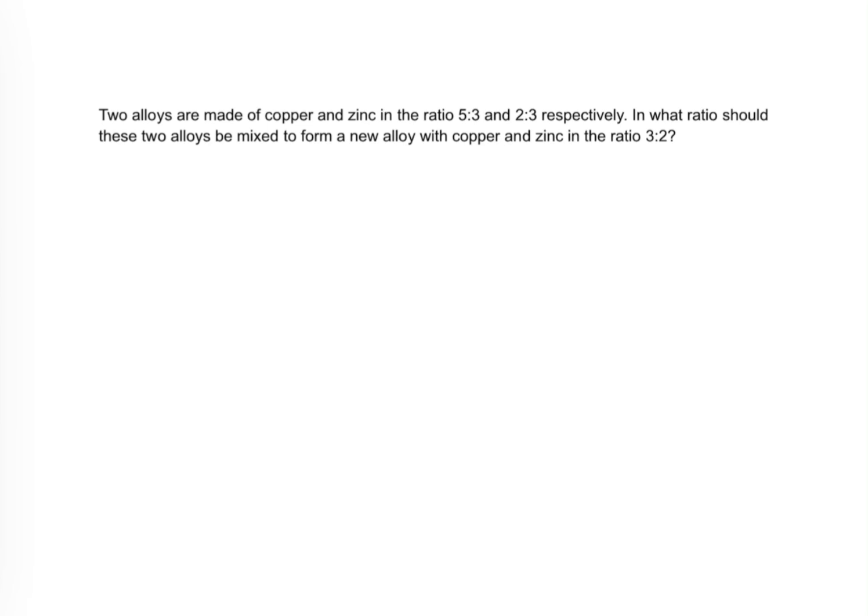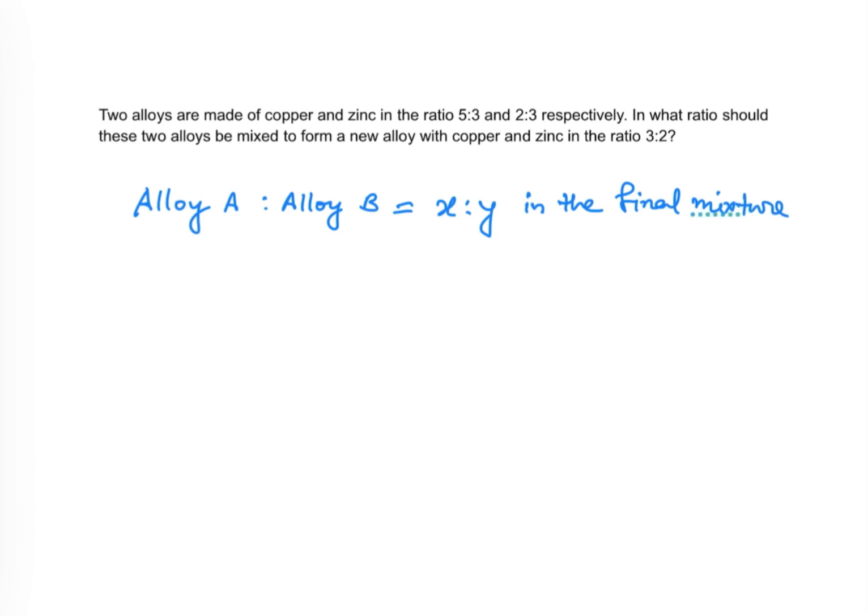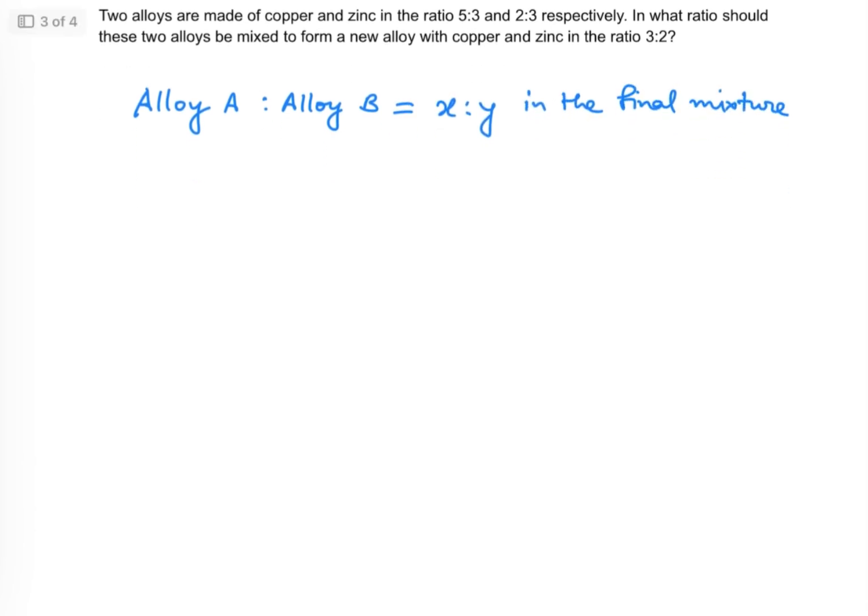Now let's say alloy A is to alloy B in the ratio x:y in the final mixture. We have to find what is the quantity of copper and zinc in each.